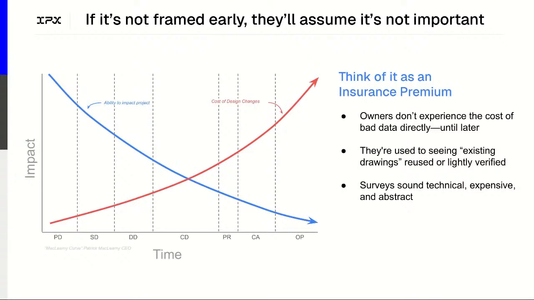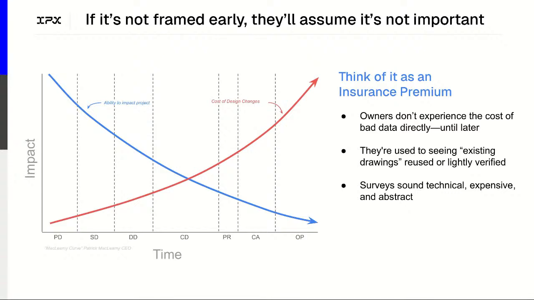What you can see is that at the very beginning of the project is when you can make design changes really easily with the most ability to impact the project. And as we go through concept design, schematic design, construction documents, then into pre-con and real world installation and verification, even further into commissioning and operations, it just gets more expensive, right?